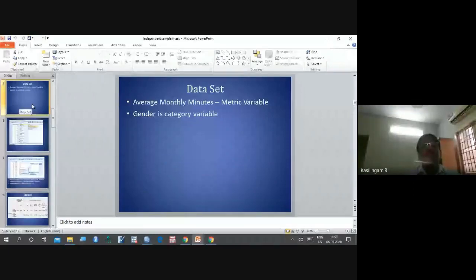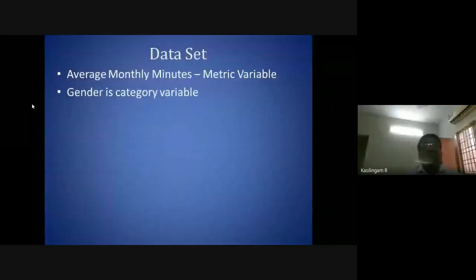In this data set, average monthly minutes is a metric variable. Gender is a categorical variable having two categories, female and male, 0 and 1.